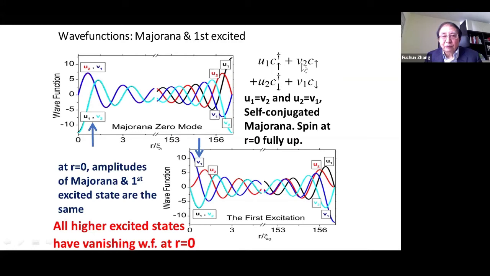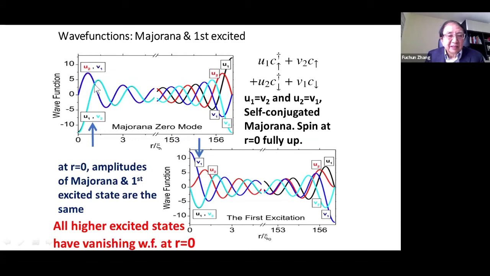If the quasiparticle is equal to its anti-quasiparticle, then the condition is u1 equals v2 and u2 equals v1, and we indeed found that. So we call this self-conjugate Majorana.